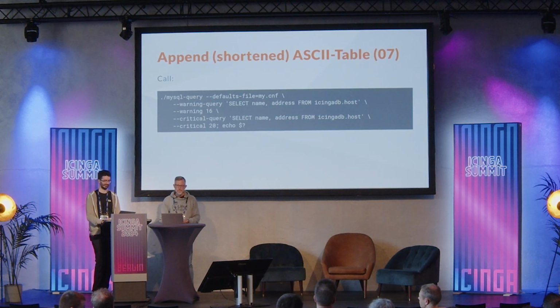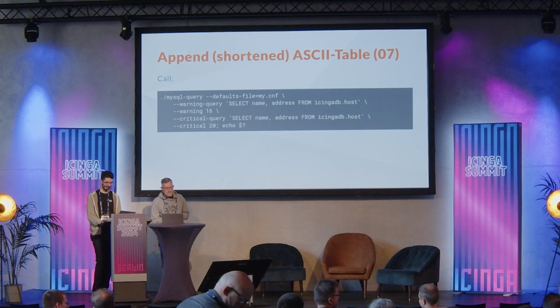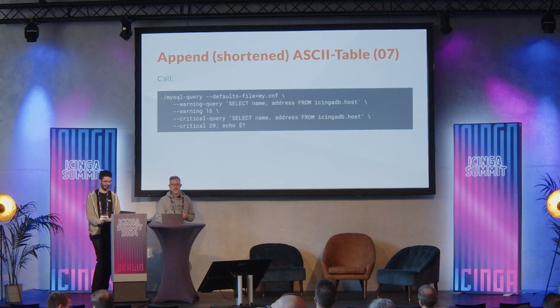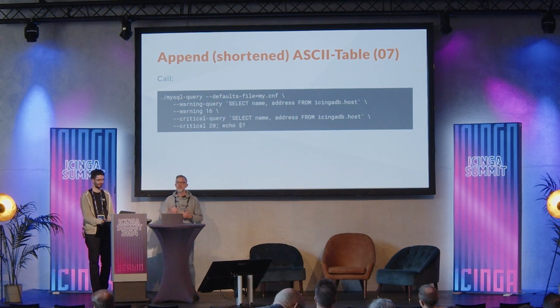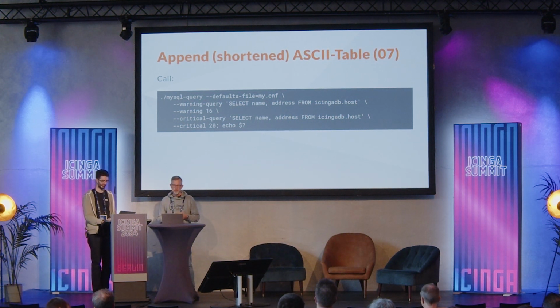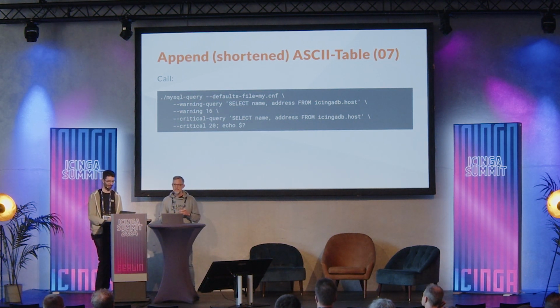OK. The next step. Plugin output looks nice. But if we get a list, I want to see the result set. So I want to print the result set using an ASCII table. But I want to shorten it if it's too long.